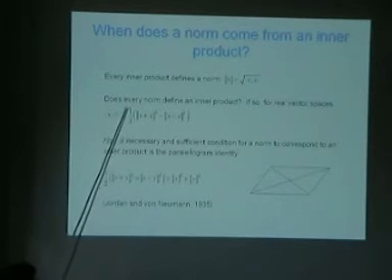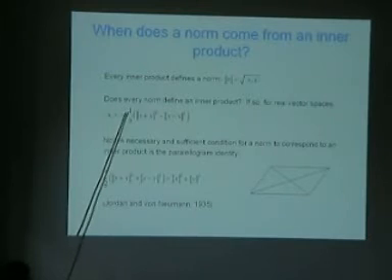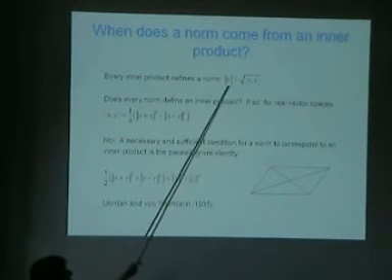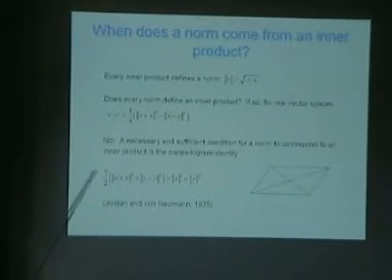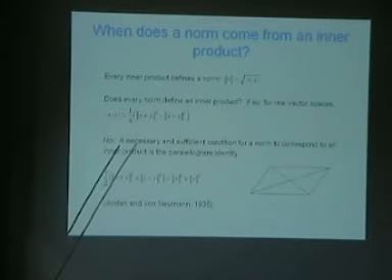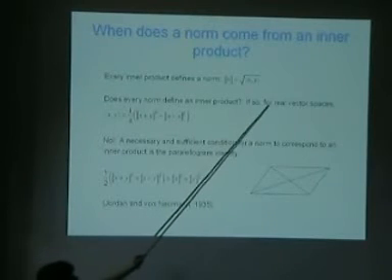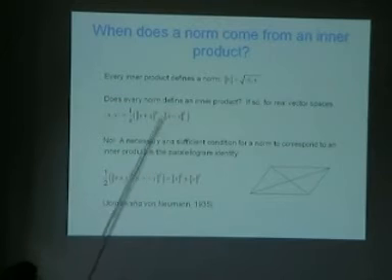It turns out that for real vector spaces, a norm has a corresponding inner product which gives the norm this way if and only if... I'm sorry, let me bring that back up a second. Does every norm have an inner product? If it has an inner product for real vector spaces, it must be true that this is the inner product.